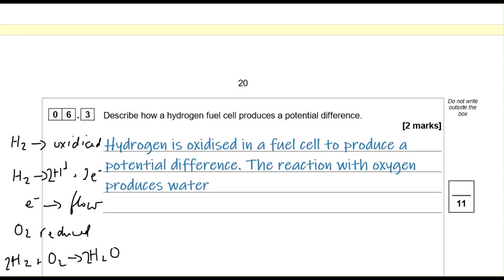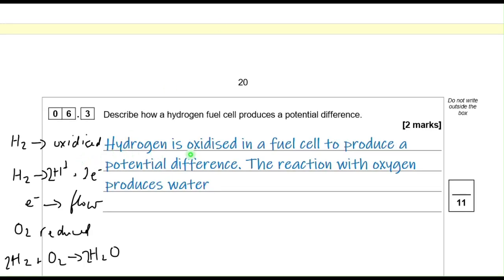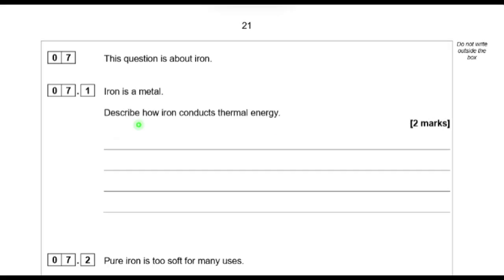So, in other words, to get 2 marks, hydrogen is oxidized in a fuel cell to produce a potential difference. The reaction with oxygen produces water. So 1 mark for saying the hydrogen is oxidized, 1 mark for saying that the reaction produces water. 2 marks. For the page, question 7.